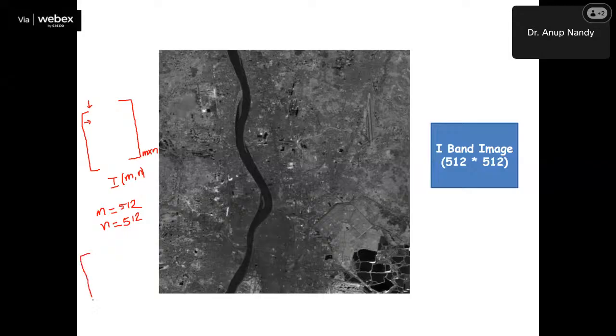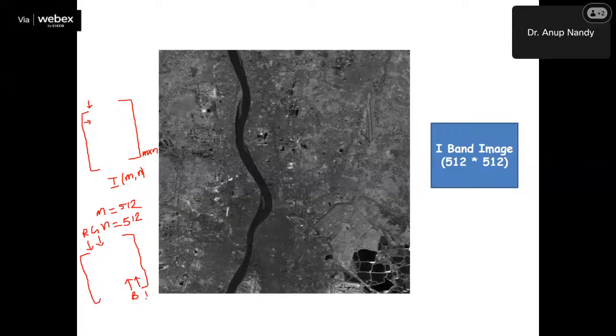If you are going to make a feature vector, the first feature is the R band. The second feature is the G band. The third feature is the B band, and the fourth feature is the I band.